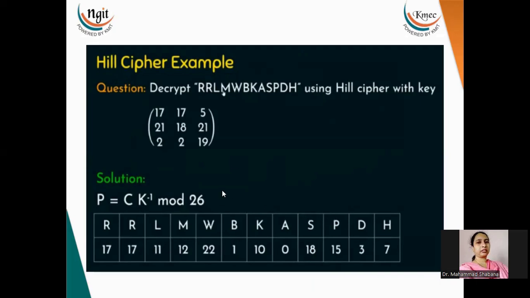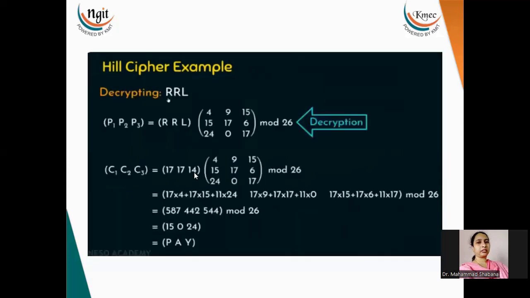Let us apply the formula to decrypt the ciphertext. To find out the plain text, we are using P is equal to C into K inverse mod 26. Let us apply the formula here. First, we are taking RRL. The corresponding numbers for RRL are 17, 17, and 11. With the key matrix we are applying, we will multiply with mod 26.